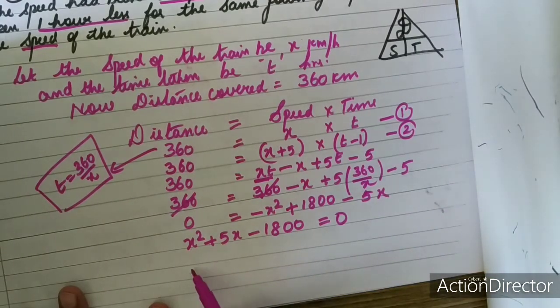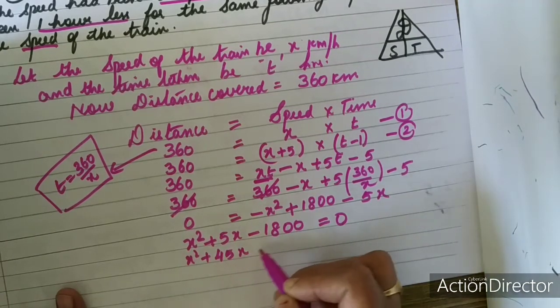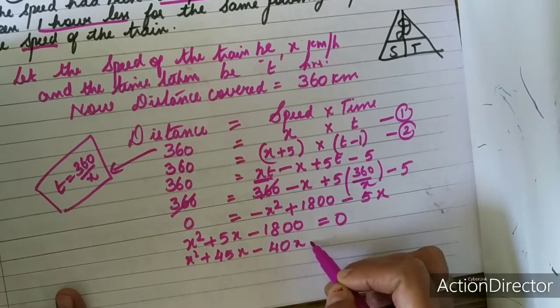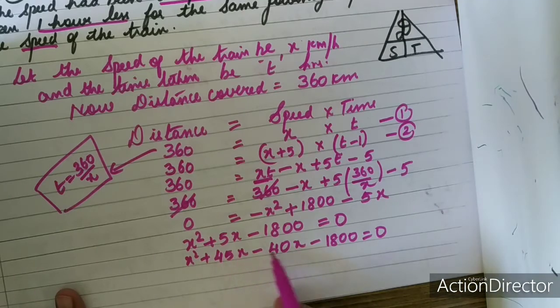Now this equation let me solve by factorization method. x square plus 45x minus 40x minus 1800 equal to 0, because 45 into 40 is 1800 and 45 minus 40 is 5.